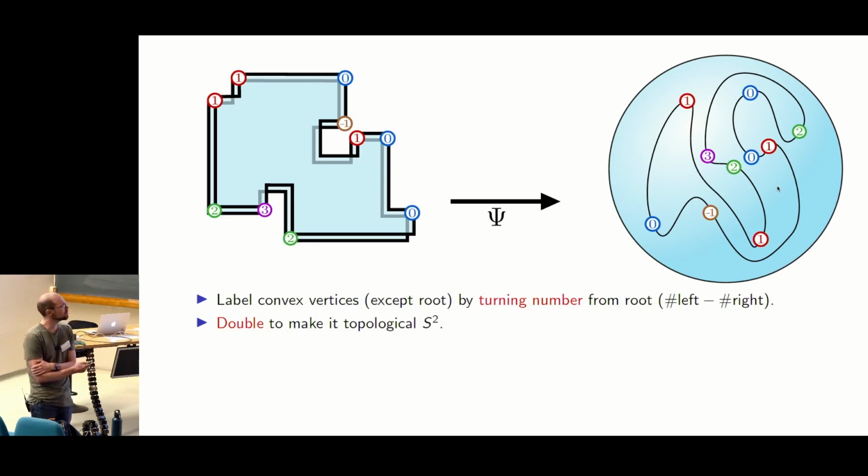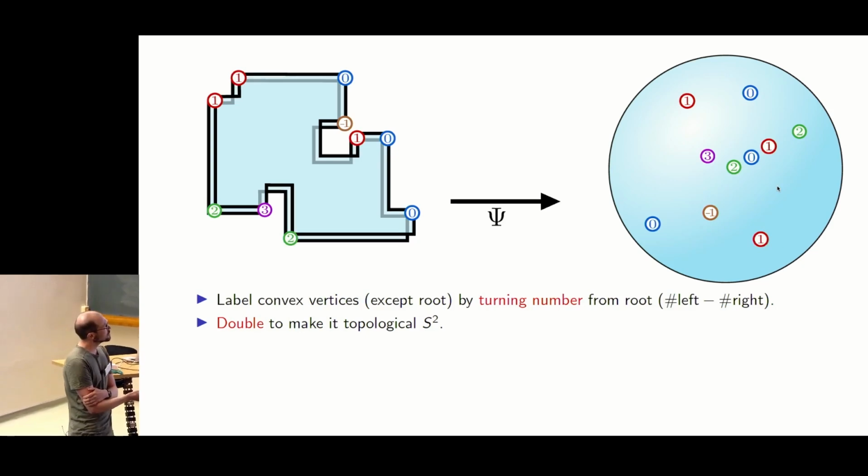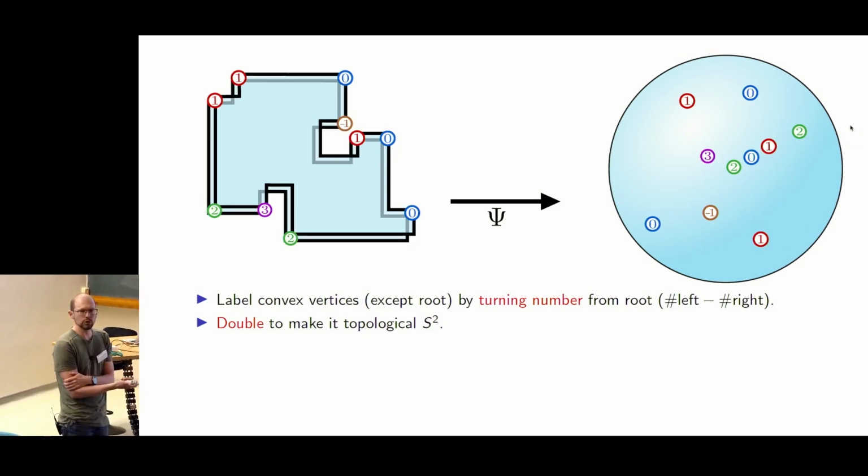Okay, so let me forget about the Hamiltonian cycle. What I need to do to turn this into a planar map is now draw all the edges. And I can equivalently draw the edges on this side, but I have to tell you where they are living. Are they living on the front or the back of the disk?